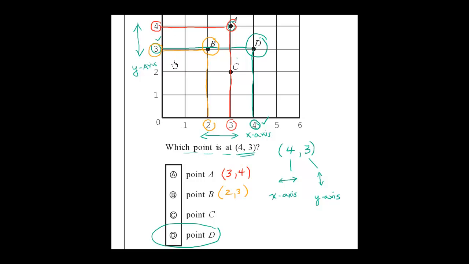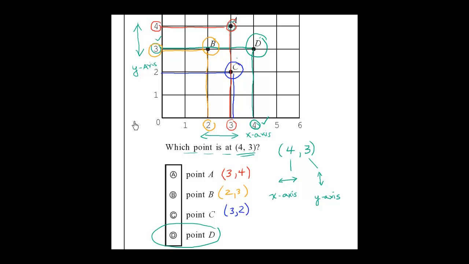And finally, let's look at point C. Let me grab another color. Point C is going to be blue. That's here. We will draw this down to 3. So this will be 3. And write it across. And that is 2.